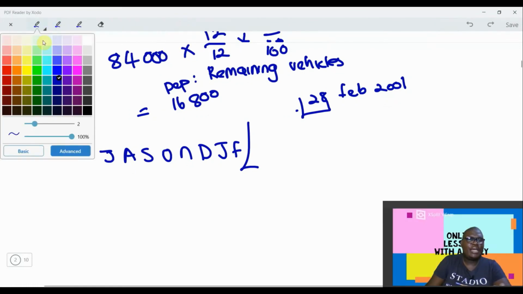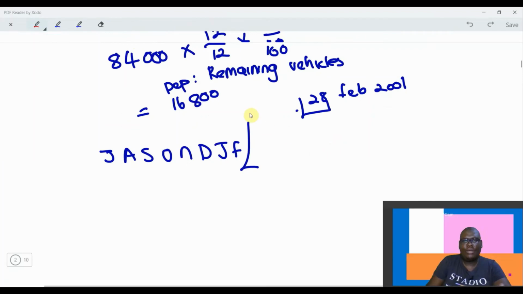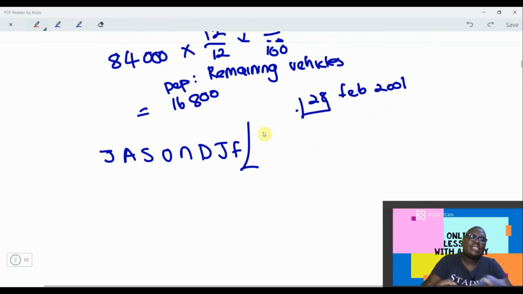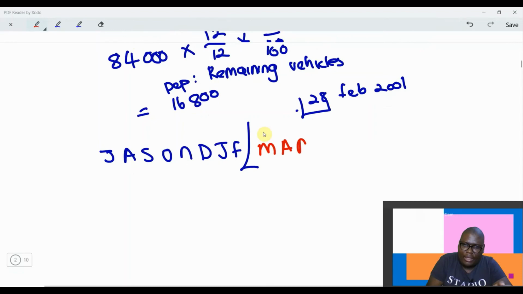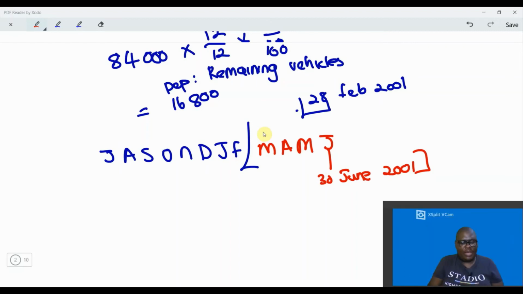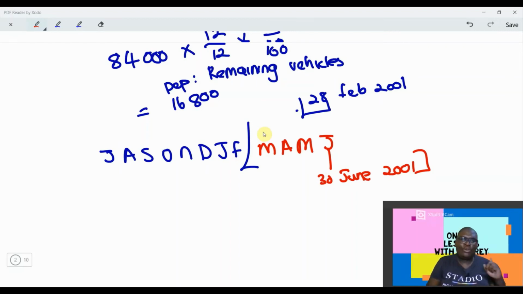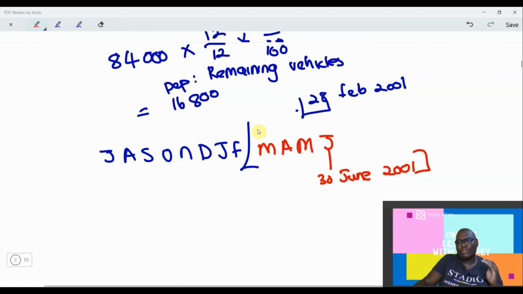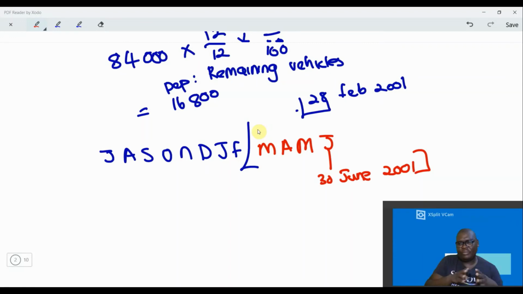So we're going to change our pen again and maybe use red now. Since it's February, at the end, it's going to be March, April, May, June, and this is where our year ends, 30 June 2001. Now if I bought something at the end of February, I will not count February as the month where I start to depreciate, because that vehicle was not with me for the entire month.